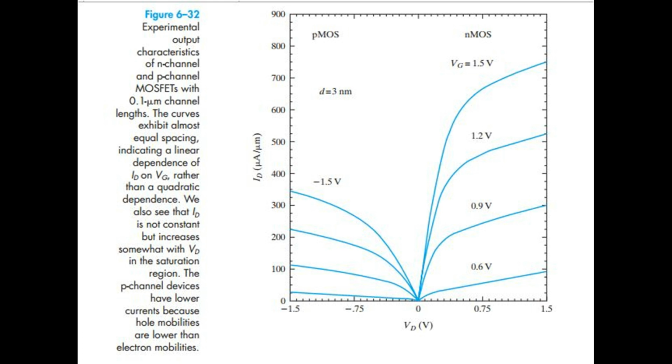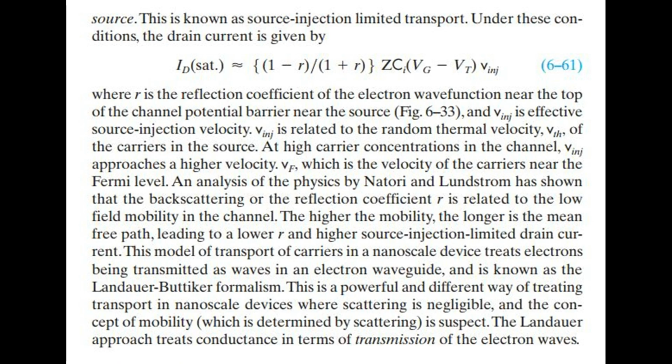Under these conditions, the drain current is given by where R is the reflection coefficient of the electron wave function near the top of the channel potential barrier near the source, Fig 6.33, and Vj is the effective source injection velocity. Vj is related to the random thermal velocity, Vth, of the carriers in the source.